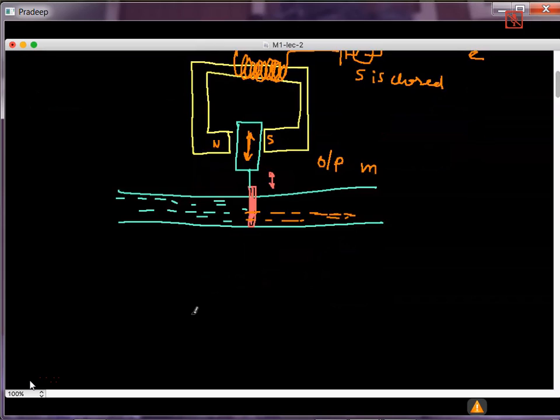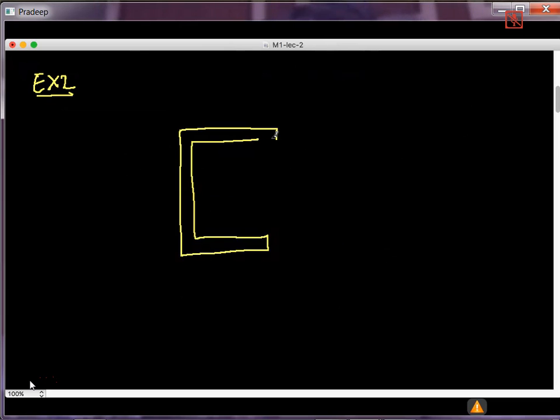Let me give you another example. You have an electromagnet like this, and then another piece like this, and it is connected to a spring.